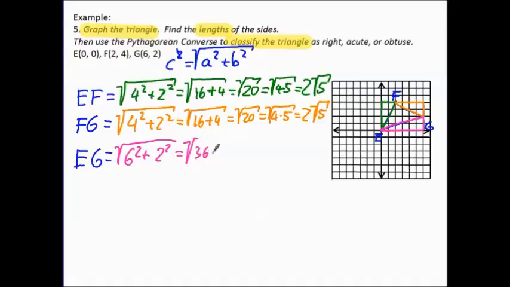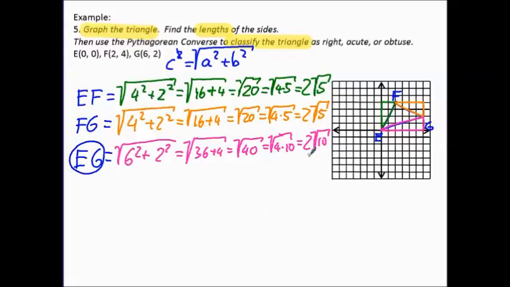Square root of 36 plus 4, which is the square root of 40, or the square root of 4 times 10, which is 2 times the square root of 10. EG is our longest side, 2 times the square root of 10.